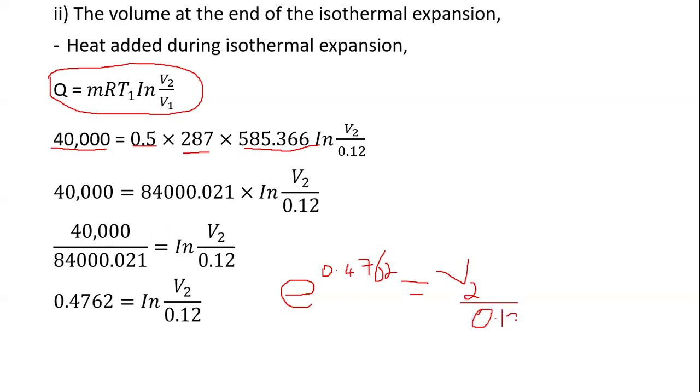So like that, you can now cross multiply, taking us to this. This is from your expression when you're dealing with indices and logarithms, how they relate, interpreting from one form to the other. So then our V2 is 0.1932.